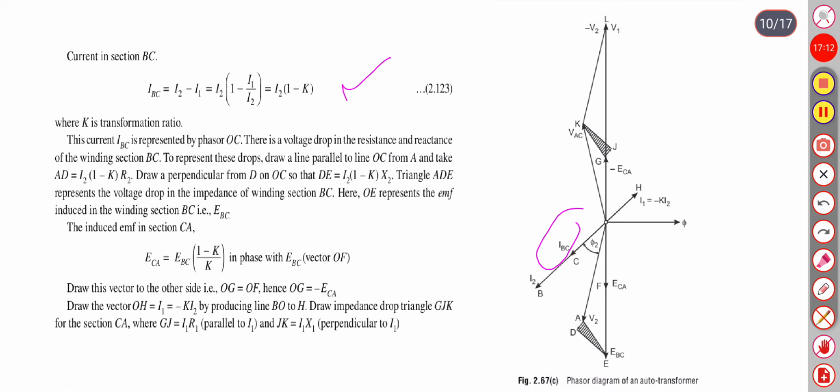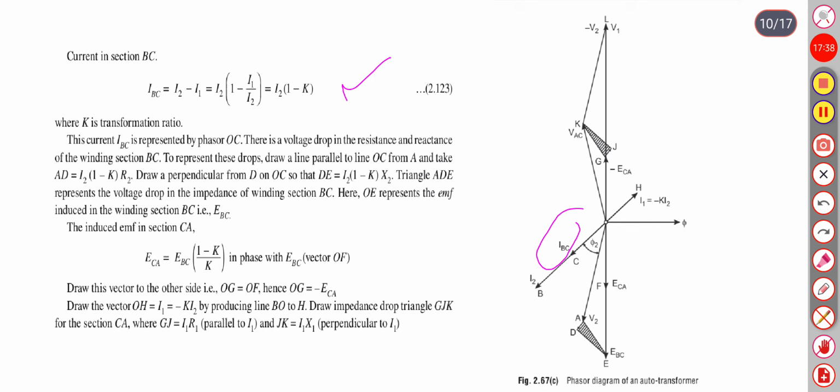There is a voltage drop in the resistance and reactance of the winding. To represent the drop, draw a line parallel to OC from A and take AD, that is I2 (1 minus K) R2.